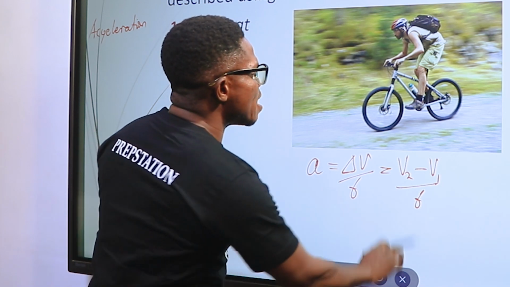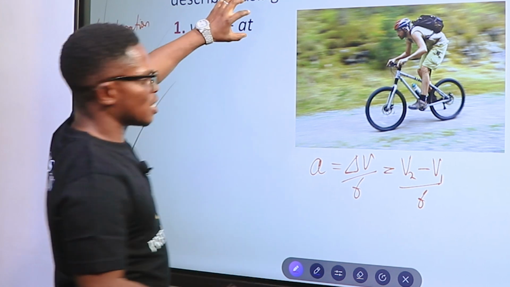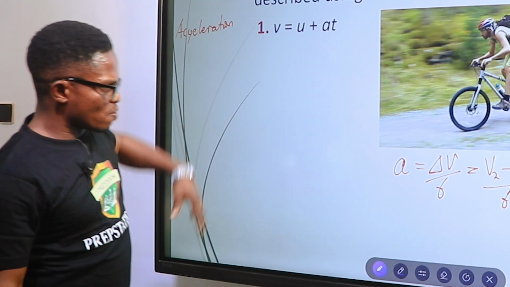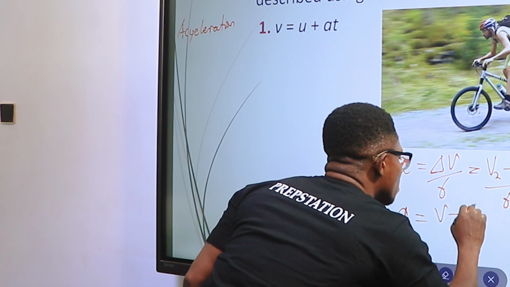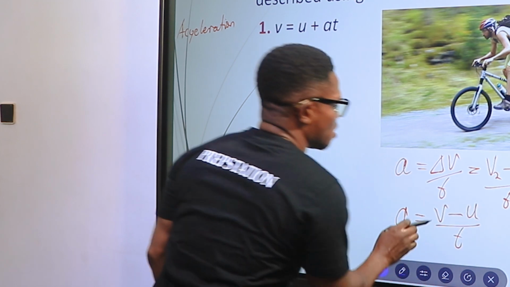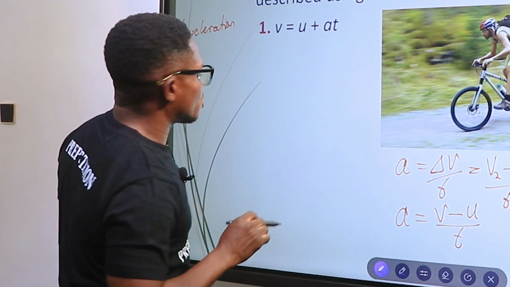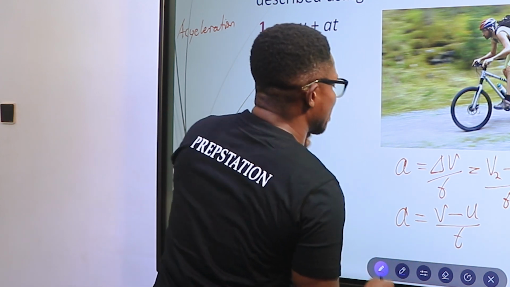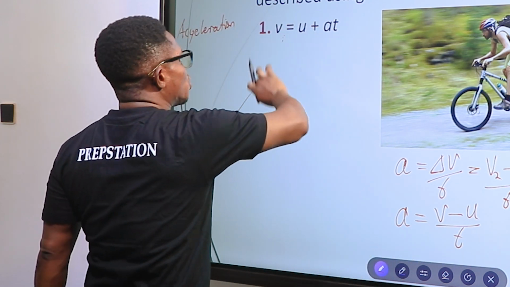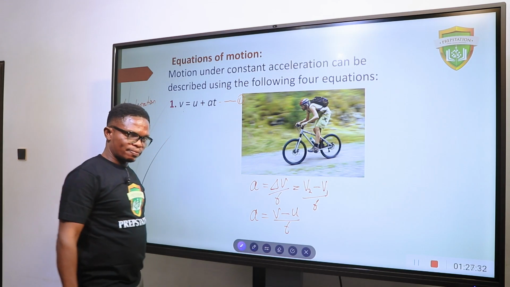T. This is represented in the Nigeria curriculum pattern, so let me use that here. A is equal to V minus U over T. V for final velocity, U for initial velocity. If you make V the subject of the formula by cross multiplying, you are going to get equation 1. So let me call this equation 1.